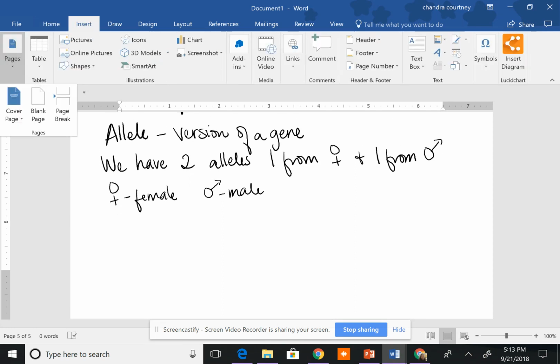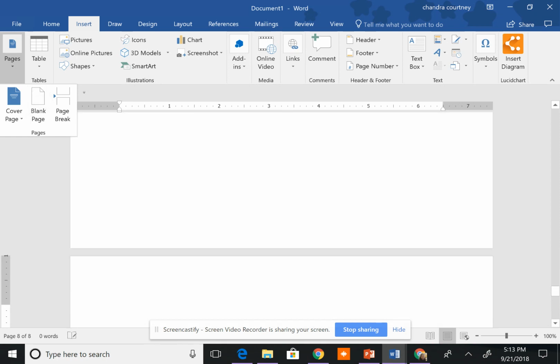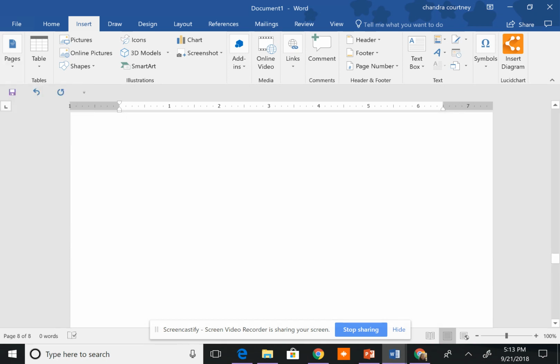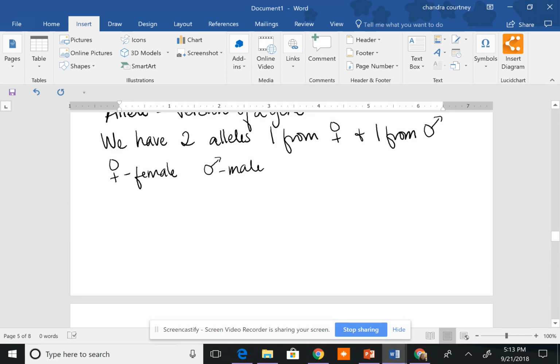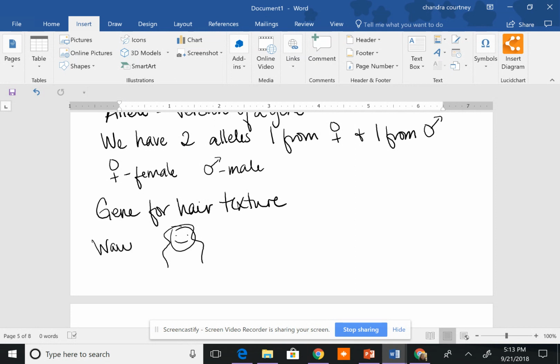Let's say that we have a gene for hair texture. And you have 2 options. You can have wavy hair, or you can have straight hair.